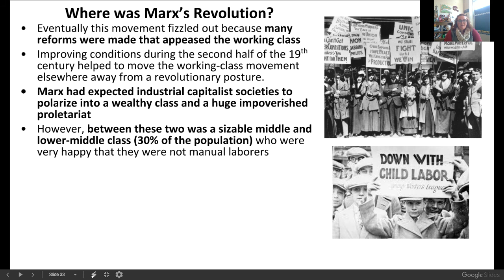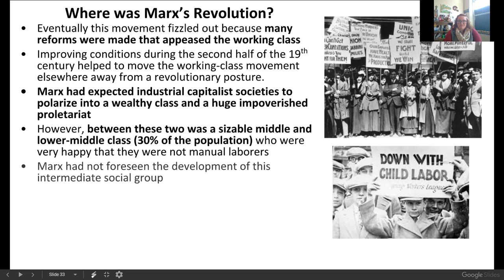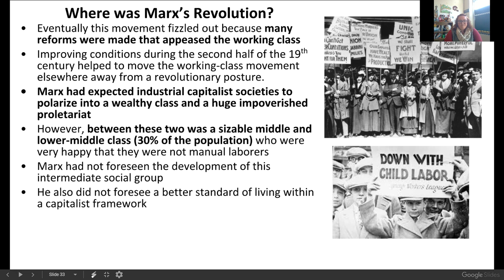But between these two, sizable middle and lower middle classes, who were very happy that they were not manual laborers, shifted things a bit. Marx had not foreseen the development of this intermediary social group, so he was not expecting this middle and lower middle class to emerge.